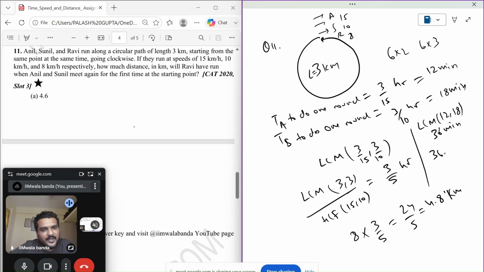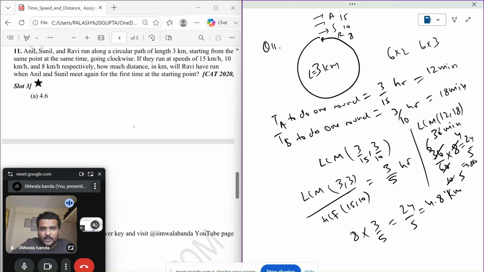And in 36 minutes, he would have run with 8 kilometer per hour this much distance. So this also will be 24 by 5 or 4.8 kilometers. So it doesn't matter if you're not comfortable in fractions, you would have easily done this.